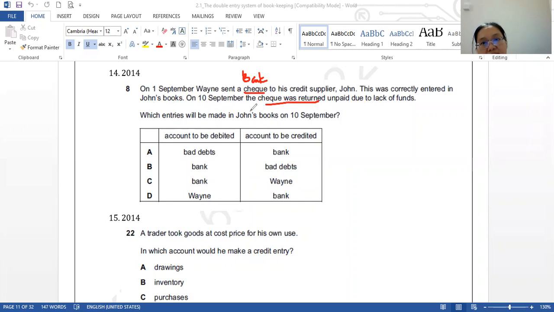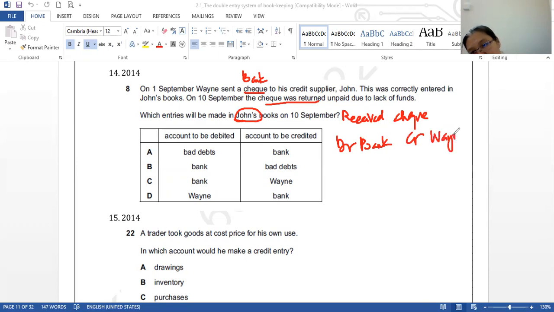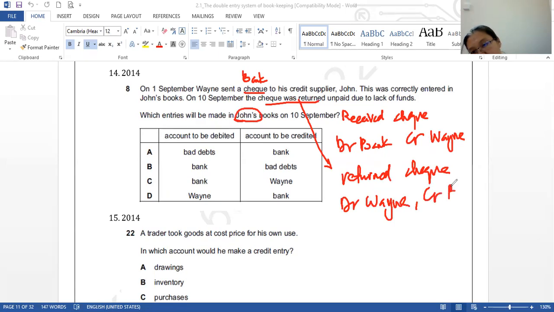Which entry is made by the supplier? When the supplier received the check, he will debit bank and credit Vanny. Now the check is returned, so we will do the reversal of this entry. We will debit Vanny and credit bank.